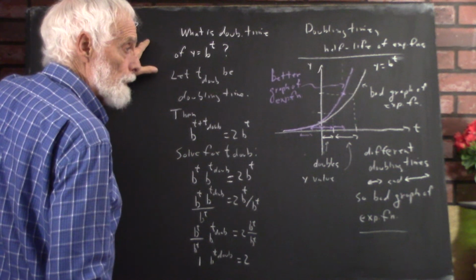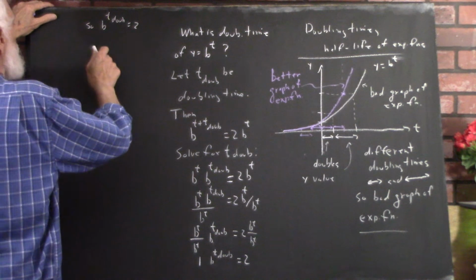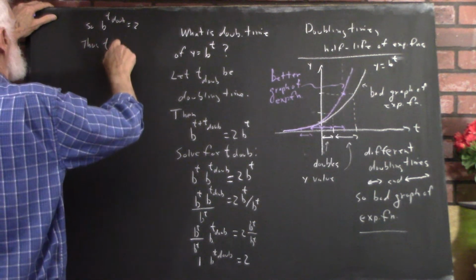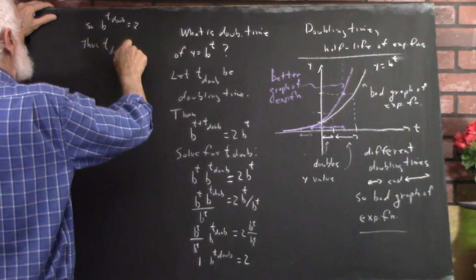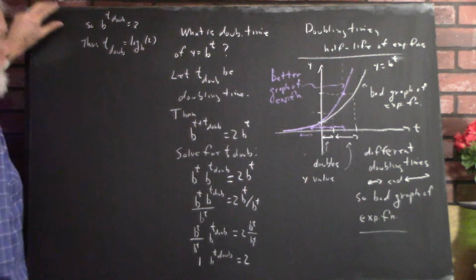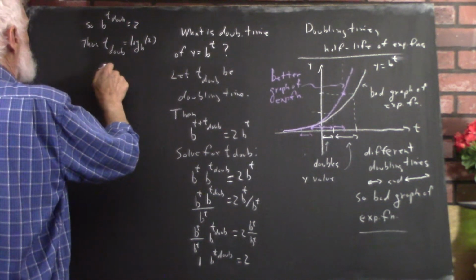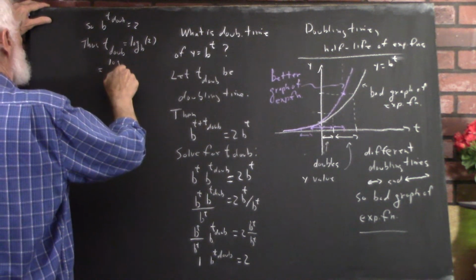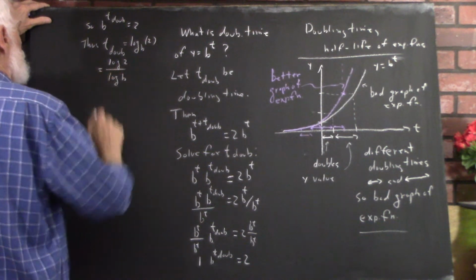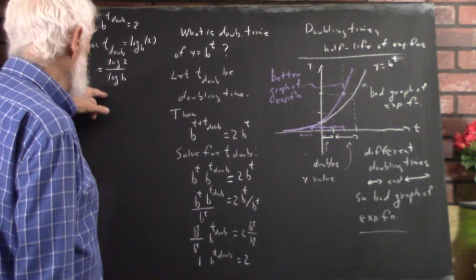Well, you just solved a bunch of exponential equations by converting them to logarithmic equations. t dub is log to the base b of 2, which is log 2 divided by log b. So that's the doubling time.